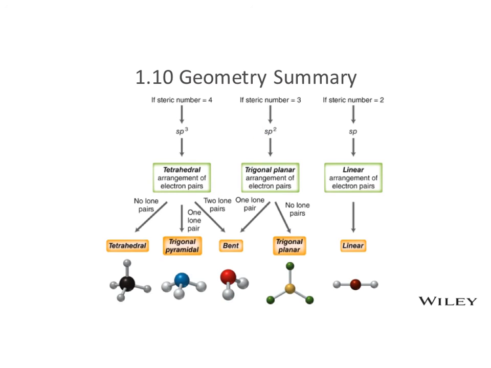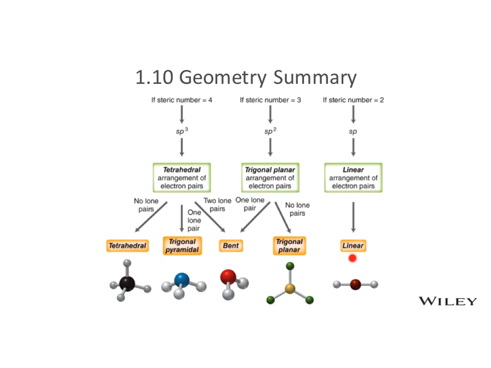And lastly, if we have 2 occupied areas, a steric number of 2, we have sp hybrids, and so we know the electron geometry is going to be linear. And at this point, there is no difference between the electronic geometry and the atomic geometry, because even if you did have lone pairs, the electrons are still going to be 180 degrees away from the other side of the occupied area.